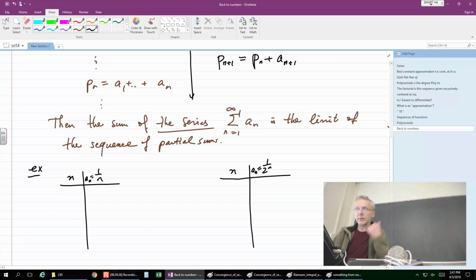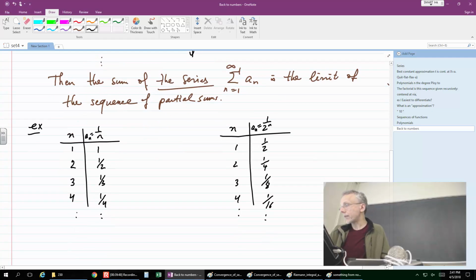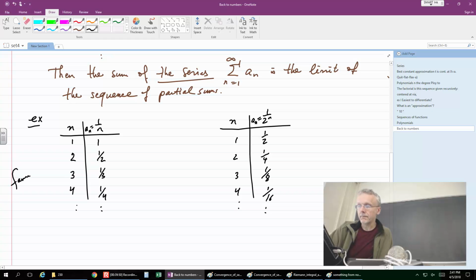So this we did before. 1, 2, 3, 4: 1, 1/2, 1/3, 1/4. And this is 1, 2, 3, 4: 1/2, 1/4, 1/8, 1/16, and on and on. So this is familiar from before.